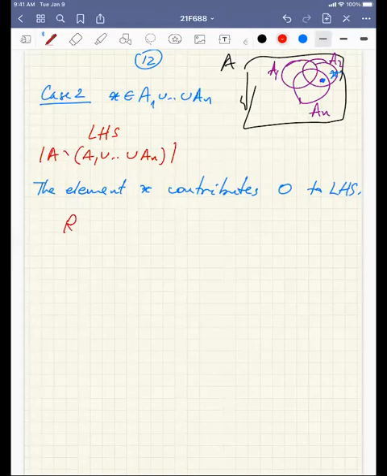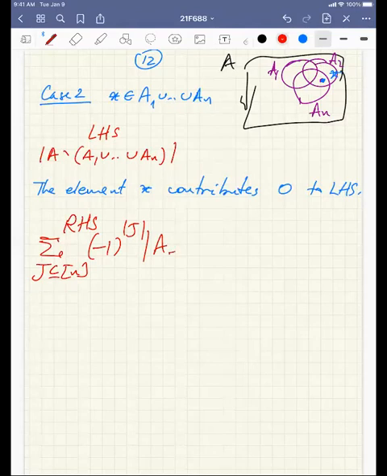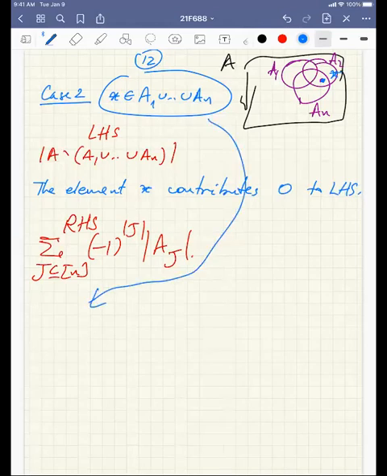What about the right hand side? The right hand side is the summation over all J subsets of indices of this quantity. So now x belongs to the union. So it means that it belongs to some sets. So let's just write down precisely those sets to which x belongs.